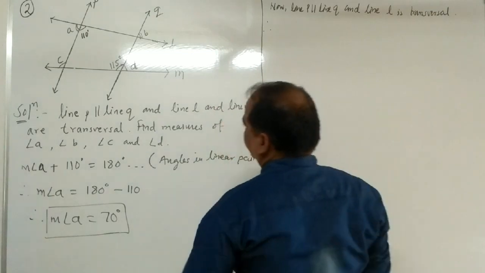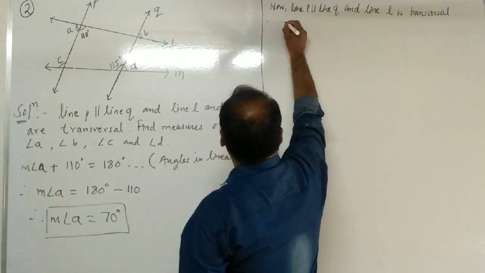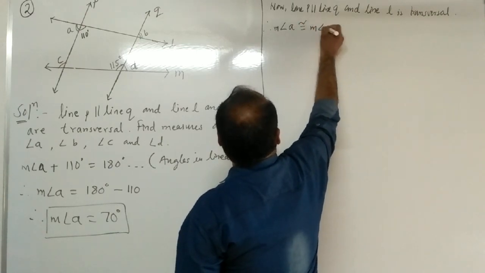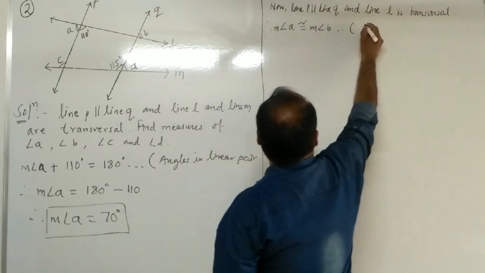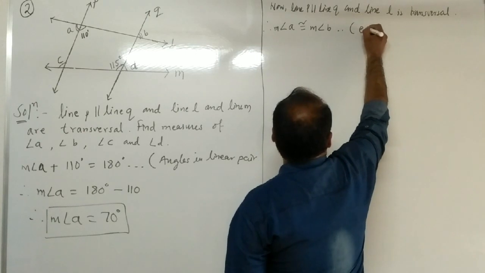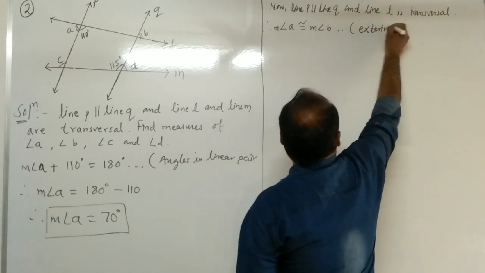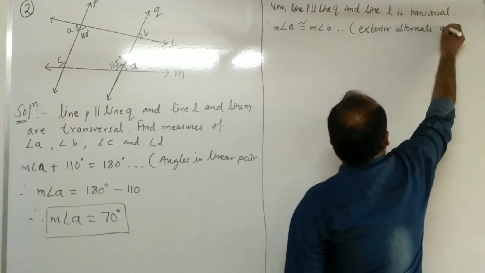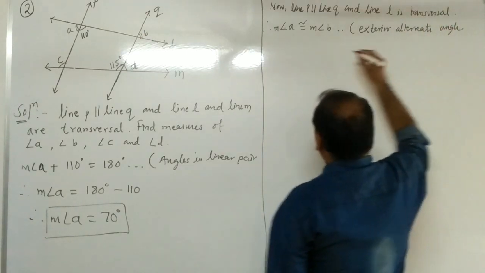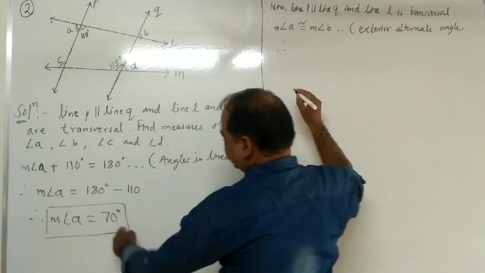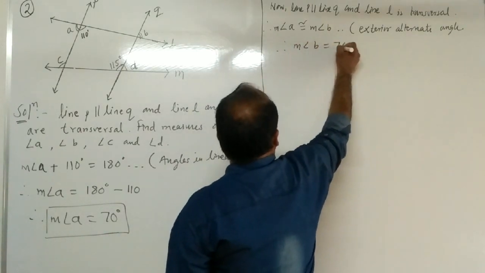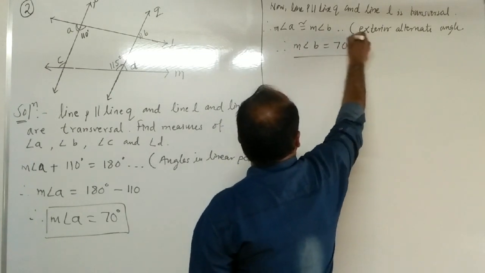Therefore, measure angle A is congruent to measure angle B, exterior alternate angles. Exterior alternate angles are congruent. Therefore, measure angle A is 70, therefore measure angle B is also 70 degrees.